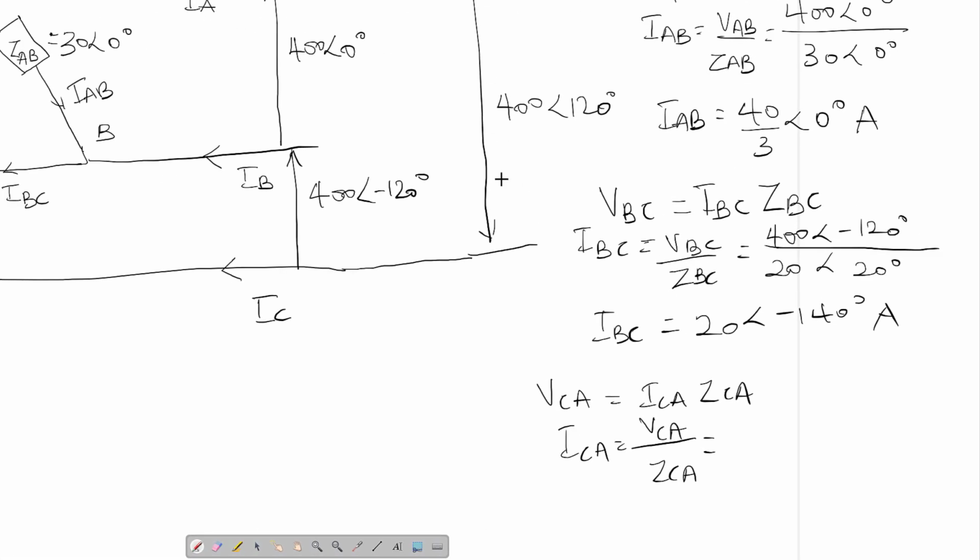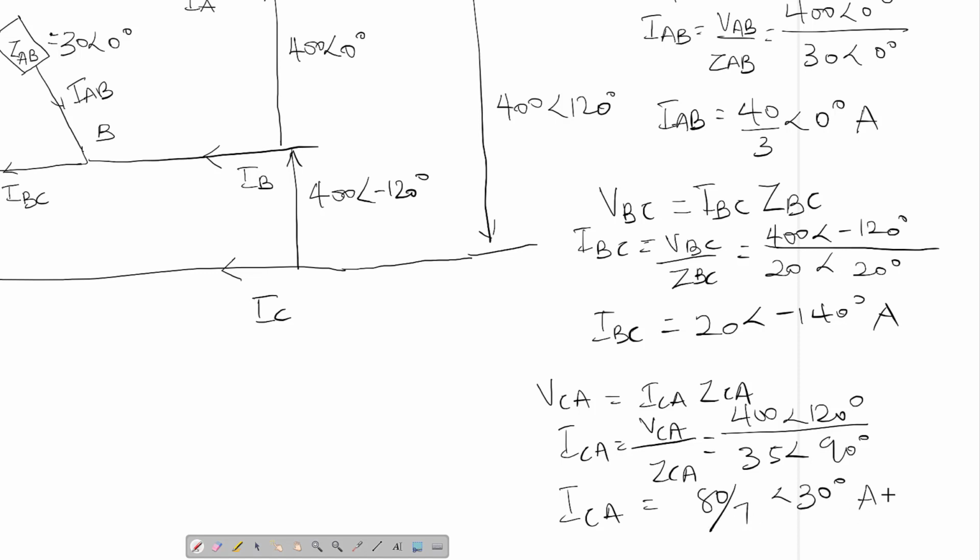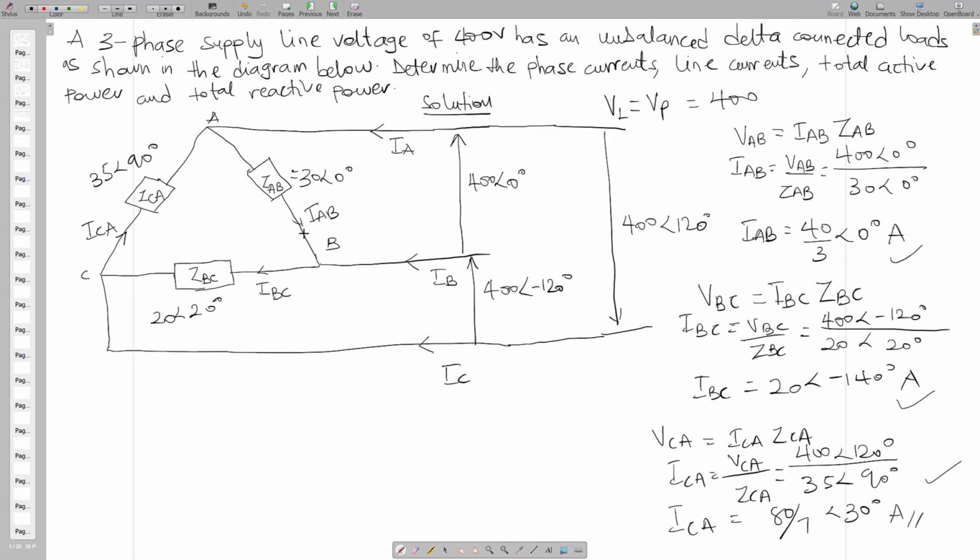So VCA, that is this voltage, we had 400 angle 120 degrees out of 35 angle 90 degrees. So finally we can say that ICA will be 80 on 7 angle 30 degrees. So now we have IAB, IBC, and ICA to be our phase current.